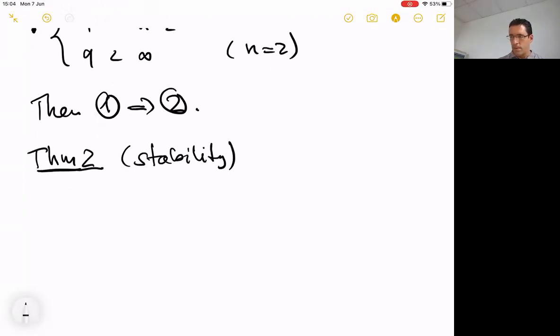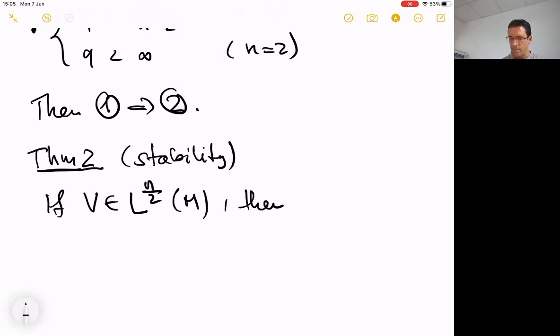So if in addition your potential is, you can have a singular potential in L^{n/2}, right? On a compact manifold, because it's compact, n over 2 is the largest class. If I have a p which is bigger than n over 2, then L^p will be included in L^{n/2}. So this is the most general condition here.